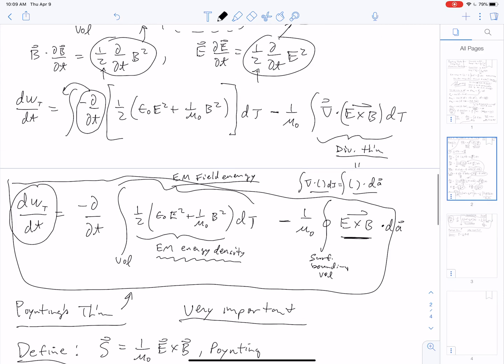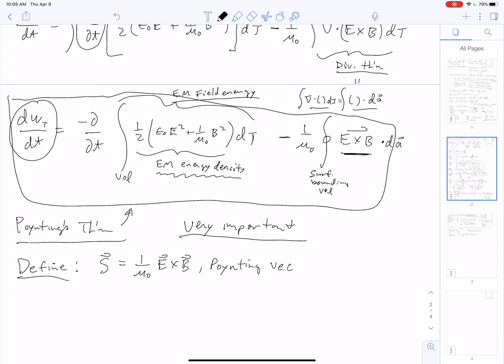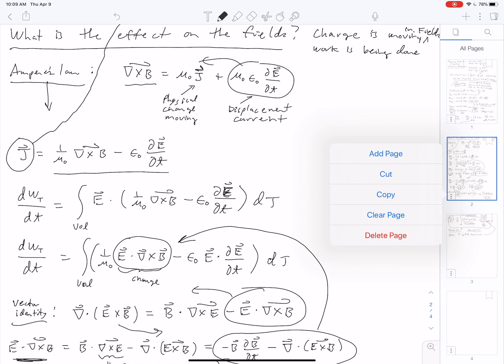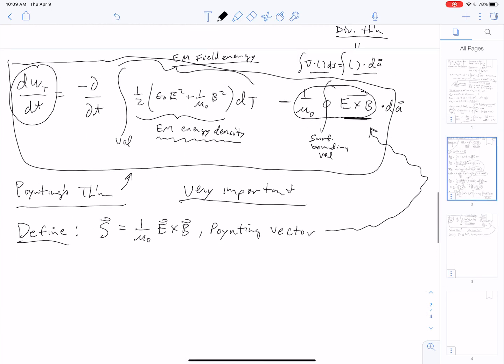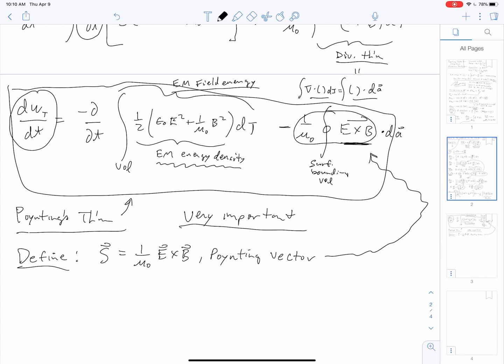It's called the Poynting vector, and it comes from this derivation, from here, because I have the 1 over mu naught E cross B. So that's the Poynting vector right there. And that integral is going to become minus the integral of S dot dA.